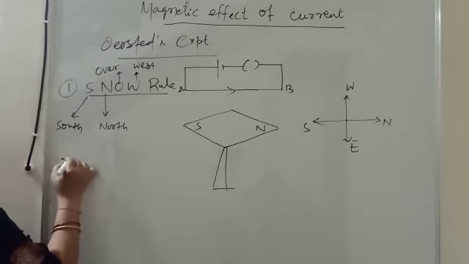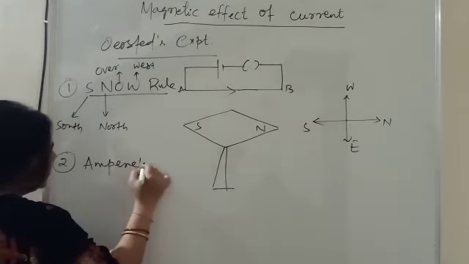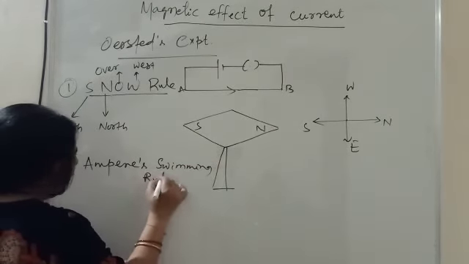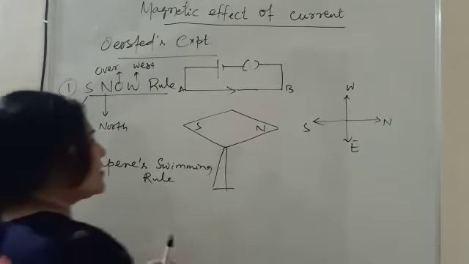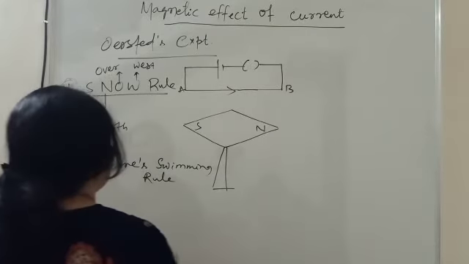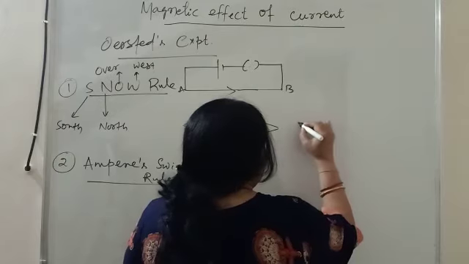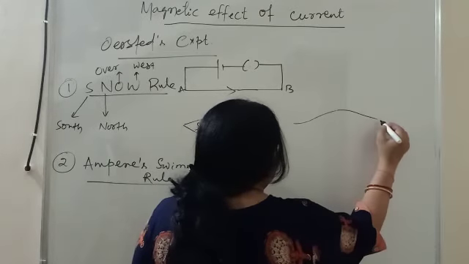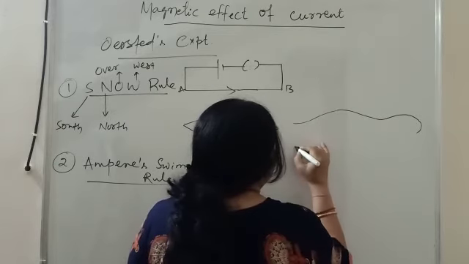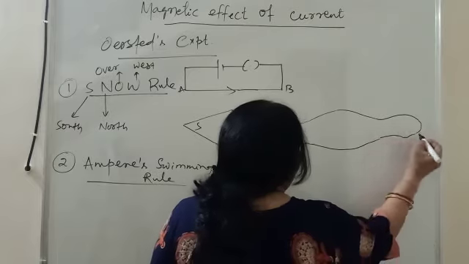Similarly, there is another rule, which is called Ampere's swimming rule. Ampere's swimming rule is somewhat the same as your SNOW rule. Look at what this rule states. It says that suppose you are swimming in the direction of the current flow.